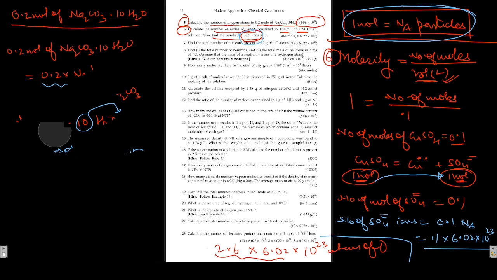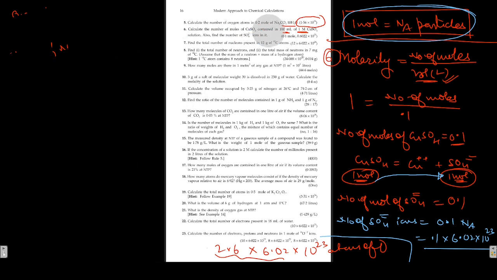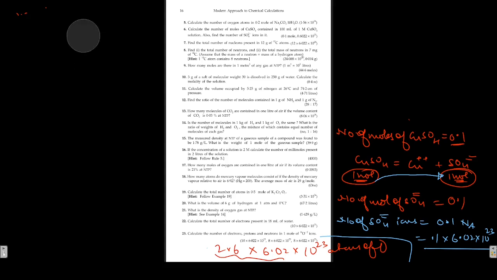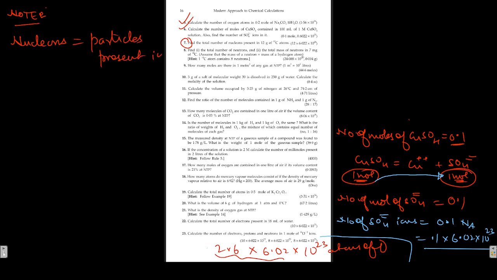Now friends, we should solve some more problems too. After this we have to solve question number 7, because we solved these two. Question number 7: find the total number of nucleons. Nucleons are particles present in the nucleus.